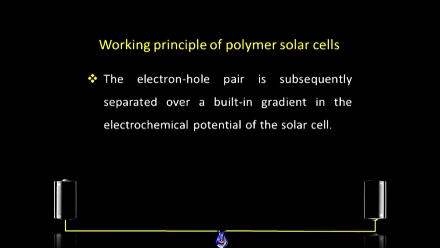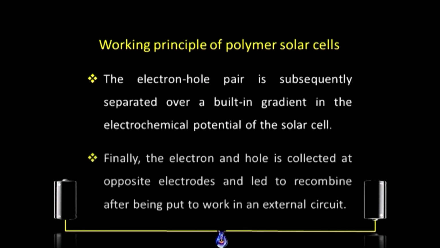This electron-hole pair is subsequently separated over a built-in gradient in the electrochemical potential of the solar cell. And finally, this electron and hole, which are already separated, are collected at opposite electrodes and led to recombine after being put to work in an external circuit.